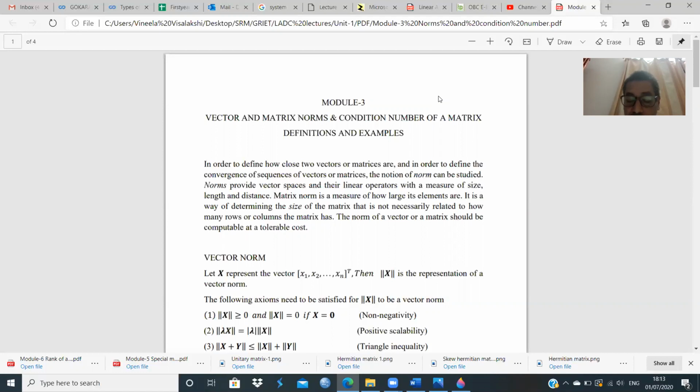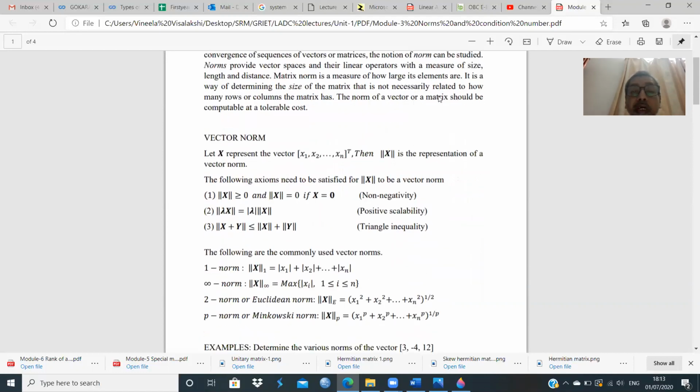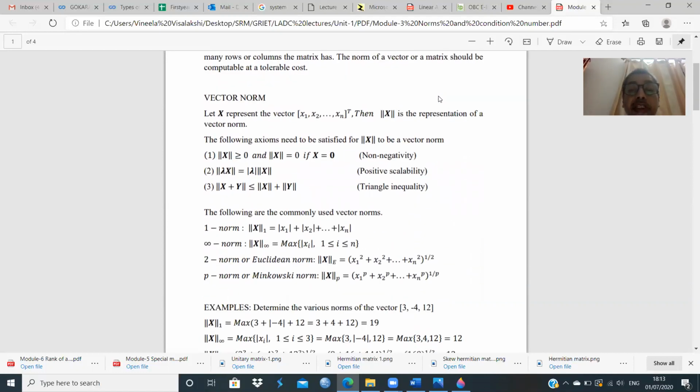Let us start with vector norm. It is to be understood that a norm is generally written in vertical bars, and we usually use capital X to represent a vector.